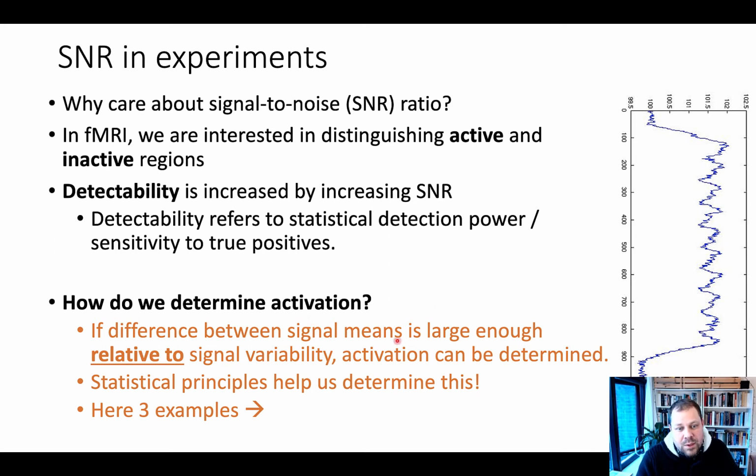So the difference between signal means has to be large enough relative to the signal variability, and this allows us to determine activation. Signal-to-noise ratio plays into this directly because it affects the signal variability, but it also affects the difference between signal means. So statistical principles help us determine this.